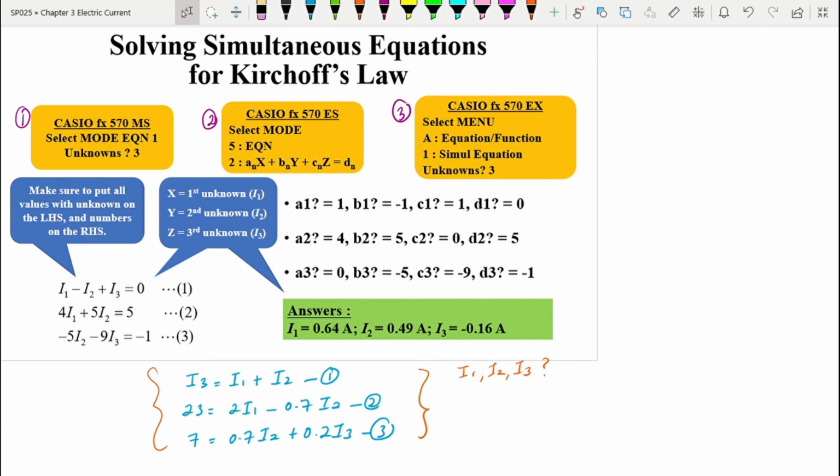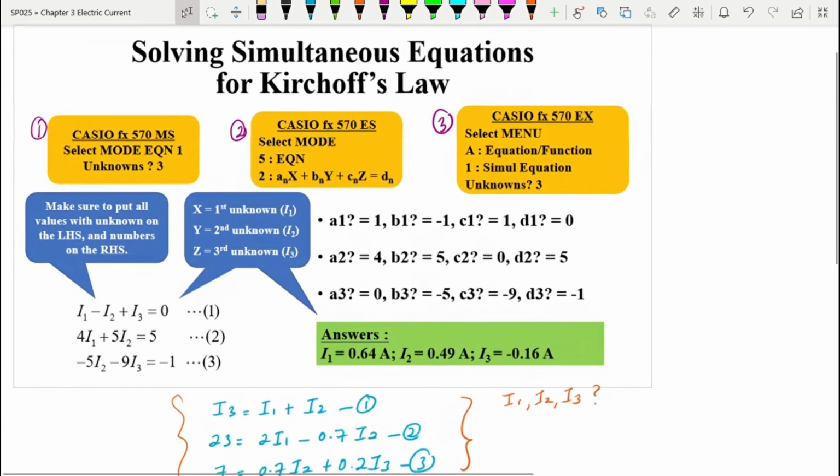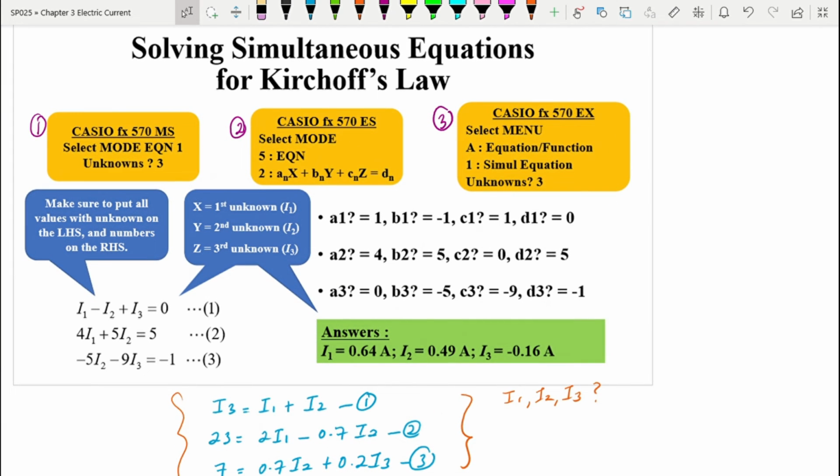Okay, so actually macam mana, apa first benda yang kita kena buat? Korang kena tengok step yang kita kena pilih mode yang mana lah. Okay, yang penting kita dapatkan menu ataupun option simultaneous equation. So step tu dah ada dekat setiap calculator yang korang own. Okay, so just go through step ini untuk dapatkan mode bagi simultaneous equation.